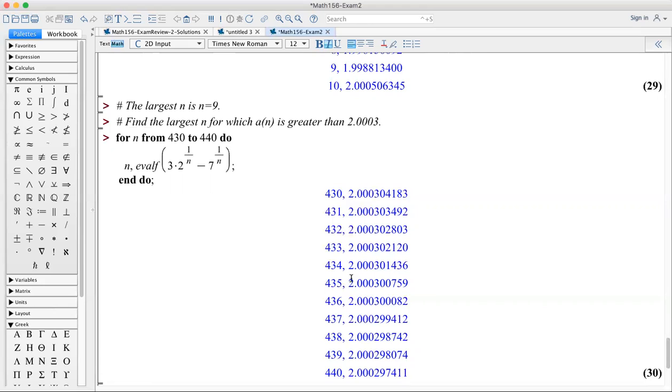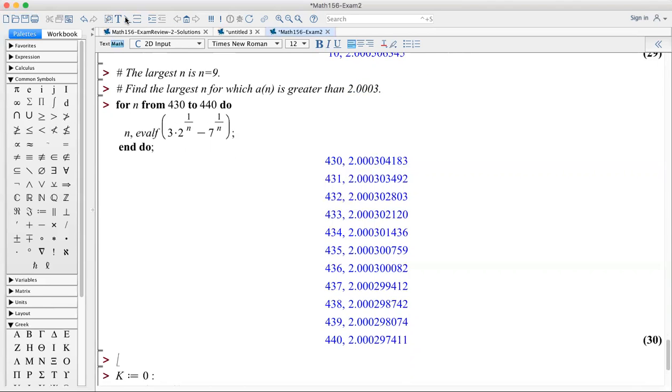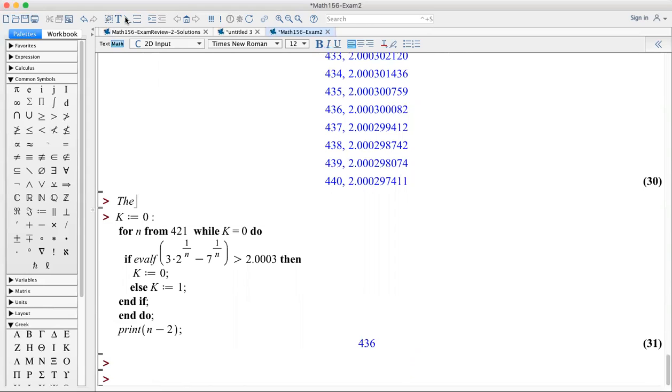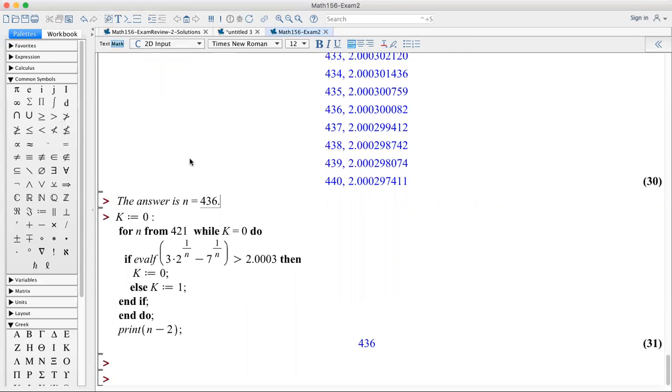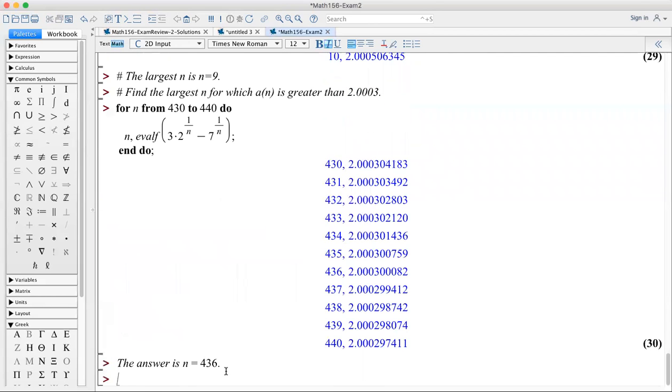So the answer is 436, because when you get to 437, you're less than 2.0003. So the answer is n equals 436. And this is an alternate way of doing it, but let me get rid of that.